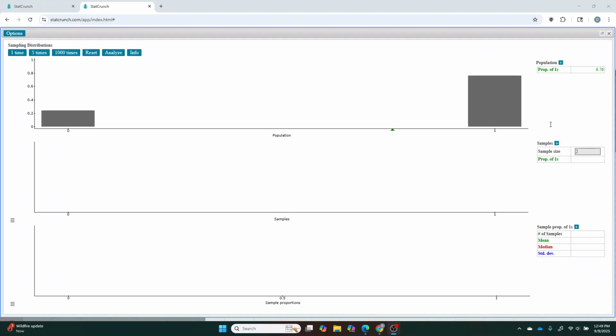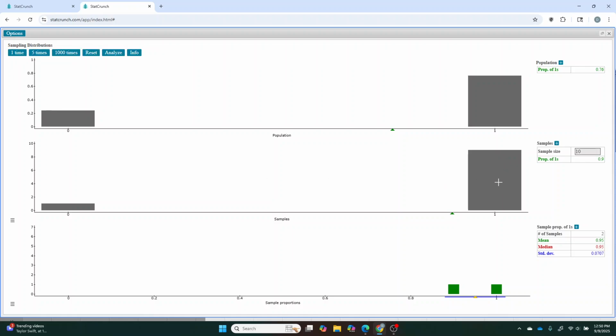So here we have our simulation. We have a 76% chance of success, okay? And I can simulate taking a sample of size 10. Okay, if I do one sample of size 10, ooh, they were all successes in that sample, because there's a 76% chance of success. Now let's do another one.